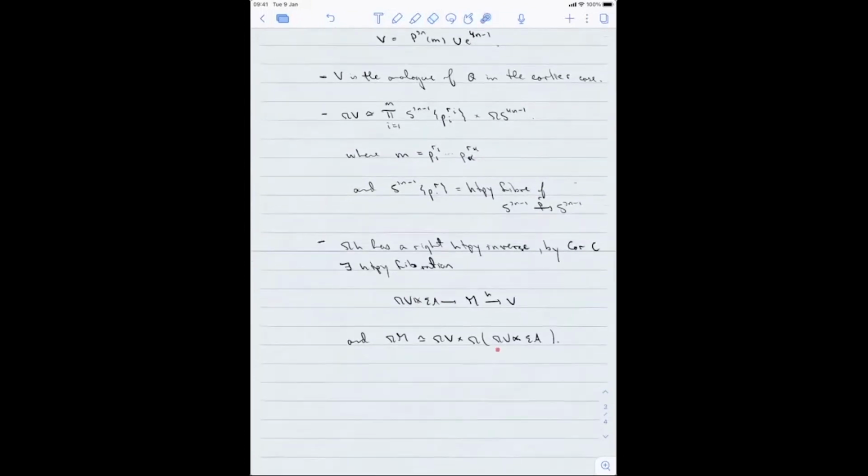If you look at this space, suspension A, this was a wedge of Moore spaces, and loop V consists of this product of spaces. If you suspend any one of these curly bracket spaces, you get a wedge of Moore spaces. And if you suspend this, you get a wedge of spheres, but each of them in this half smash will be smashed with a wedge of Moore spaces.